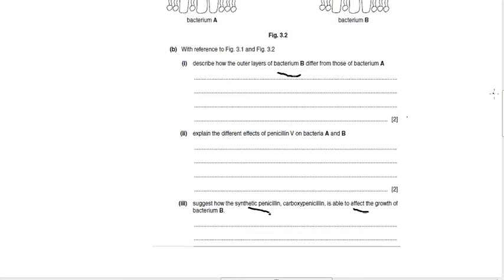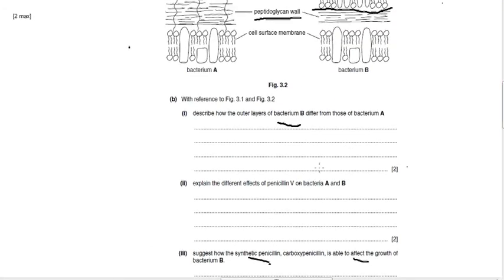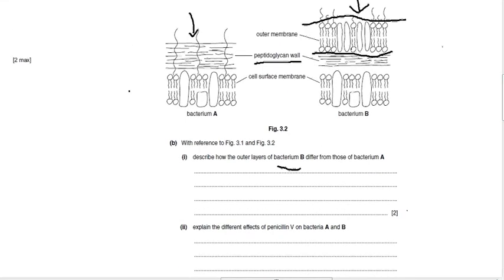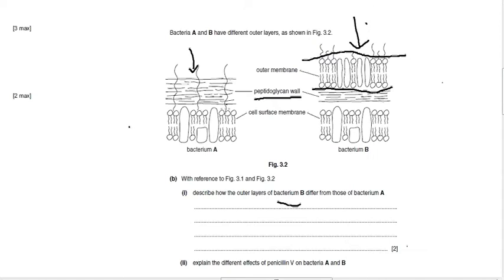So the thing is, for this answer they say that B actually allows a little bit of penicillin moving through here. However, it is much easier here.